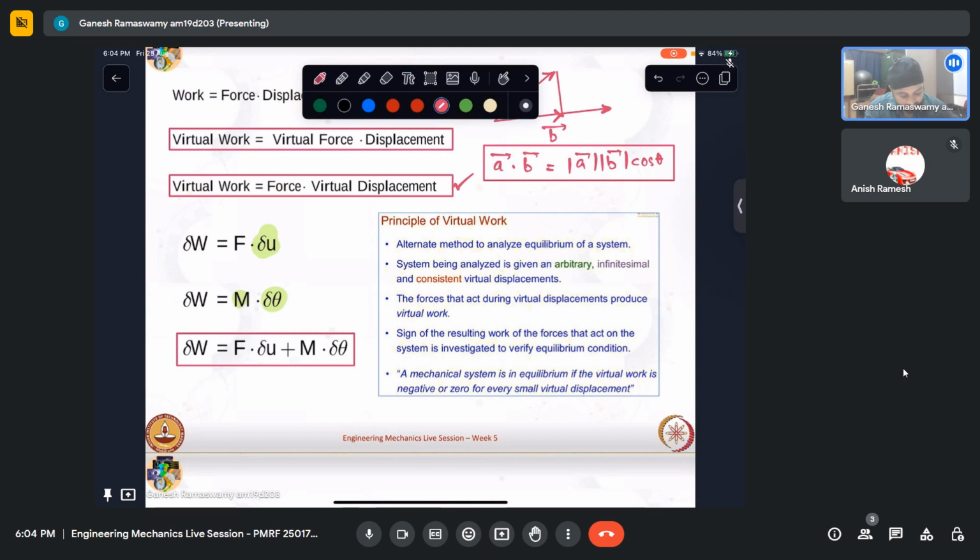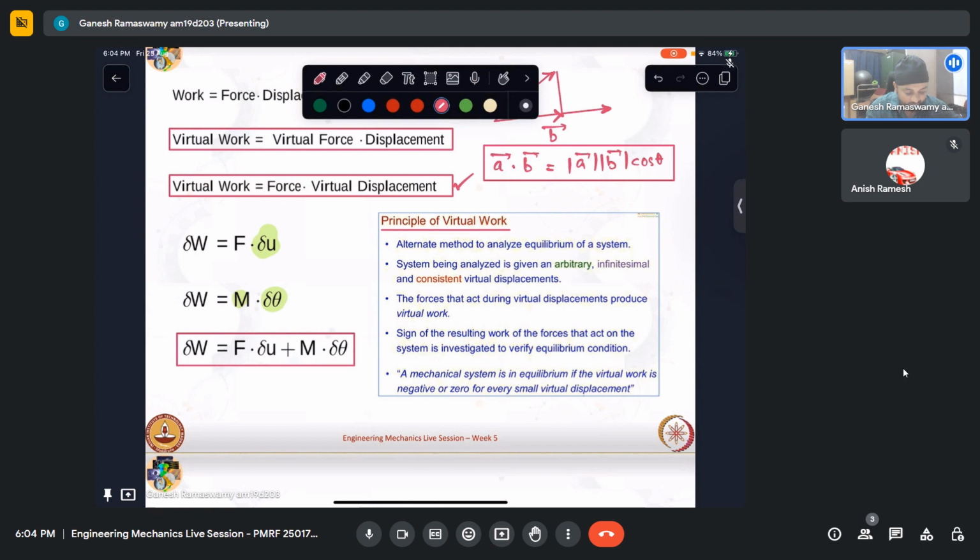Okay, this begs the question, why do we need virtual work? Why do we need to study this when we can simply deal with force equilibrium? This gives us an alternate way to analyze systems, where the systems are given arbitrary displacements, meaning they can be given at any point, infinitesimal, needless to say very small, and consistent virtual displacement.